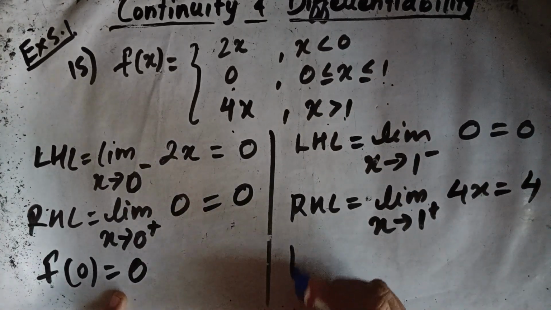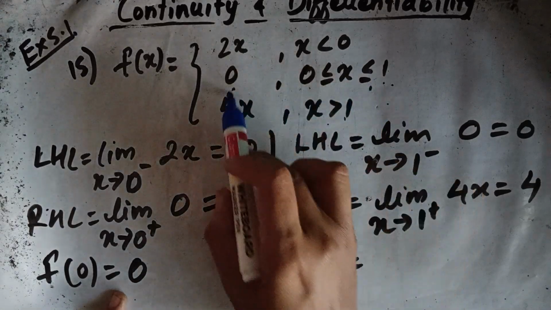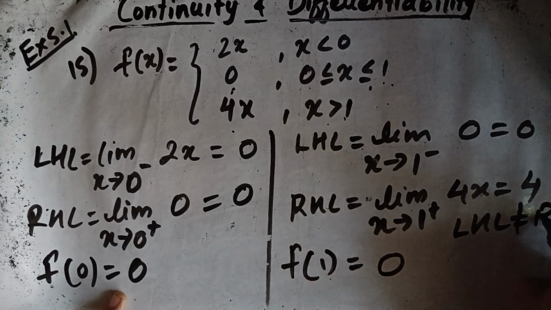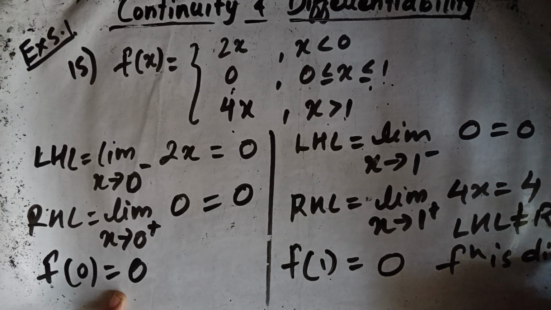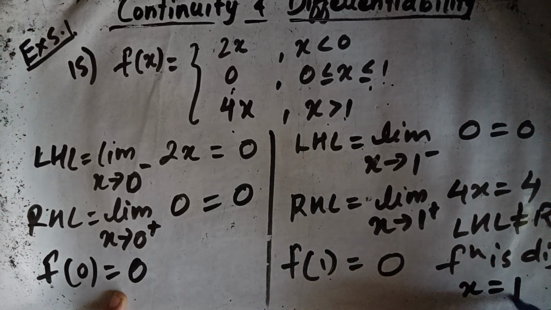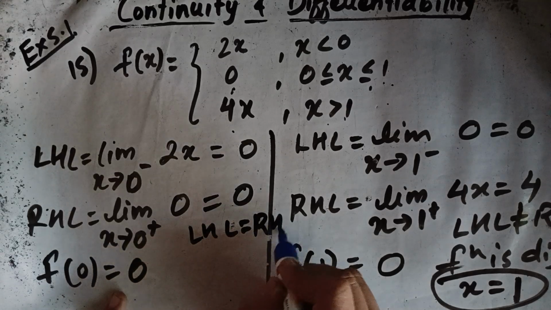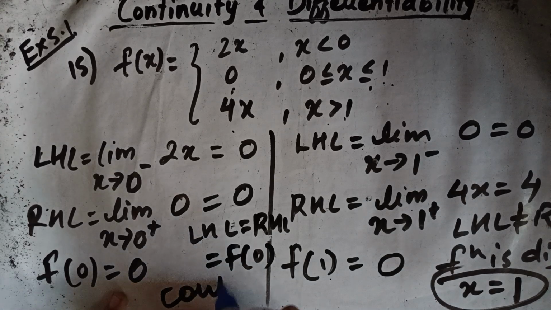Then at 1 it is 0. Here LHL is not equal to RHL. So the function is discontinuous at the point x equal to 1. Here all are equal: LHL equal to RHL equal to f of 0. So the function is continuous at x equal to 0.